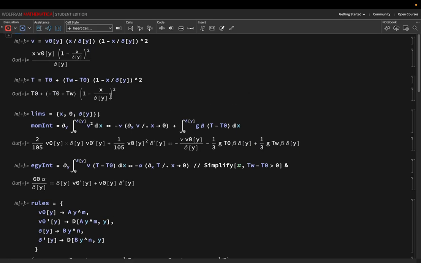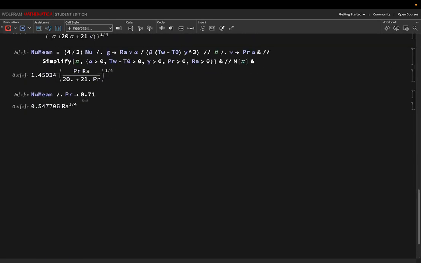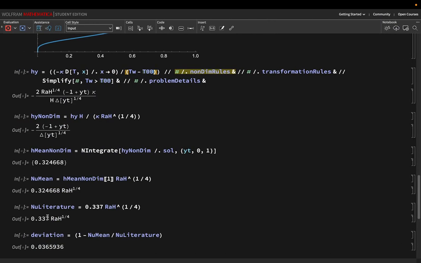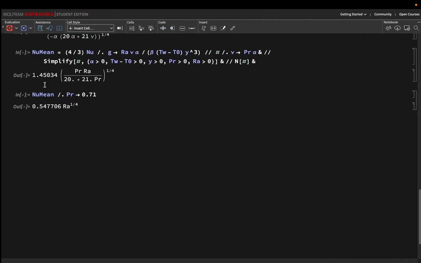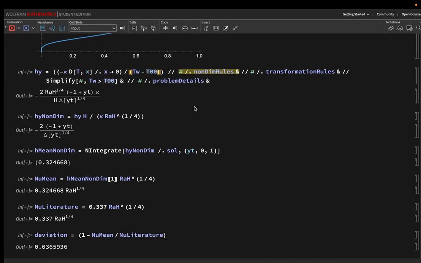When I used the same profile but assumed that T0 is constant, I got around 0.547 for Prandtl number equal to 0.71. But as Prandtl number tends to infinity, this comes close to 0.337. So as your Prandtl number is increasing, the Nusselt number is reducing for the same value of Rayleigh number, right? Are there any questions?